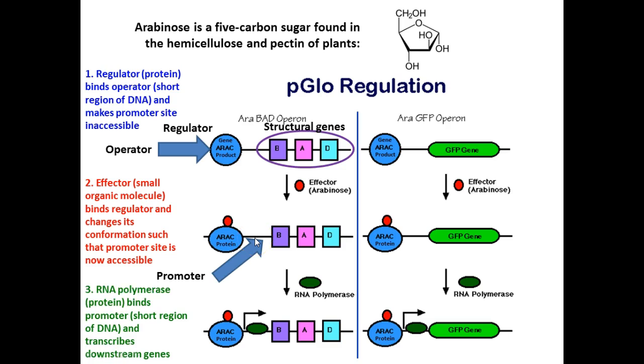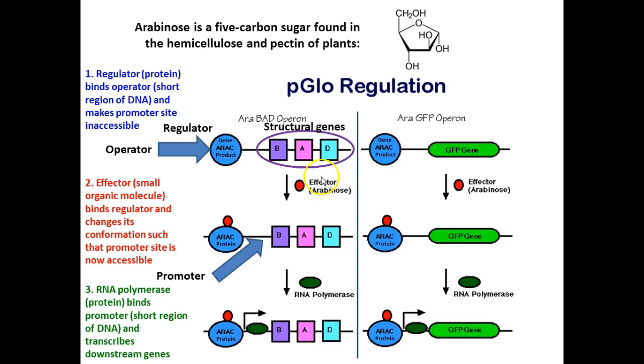So now RNA polymerase can bind here, and it can copy this information, these structural genes. So in this case, right, for sugar digestion. In the case of our operon, it's been changed. Instead of enzymes to digest the sugar, we're tricking it into making green fluorescent protein.